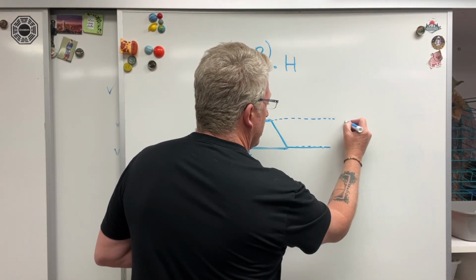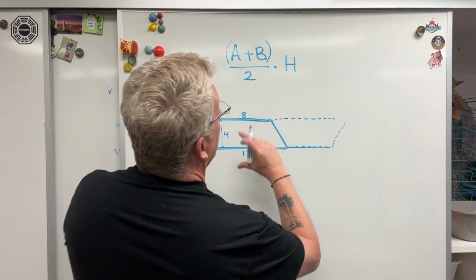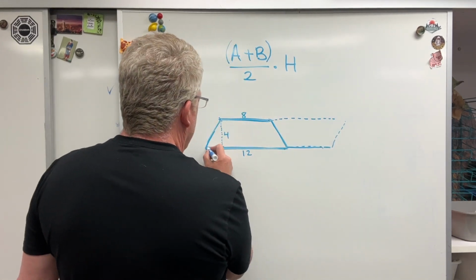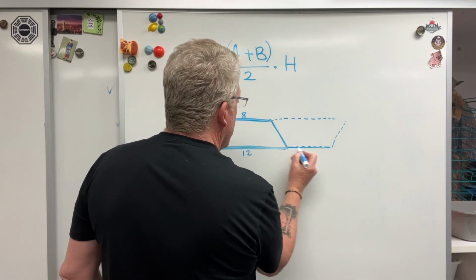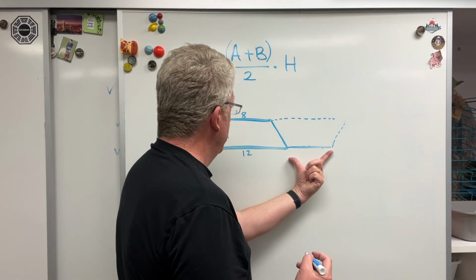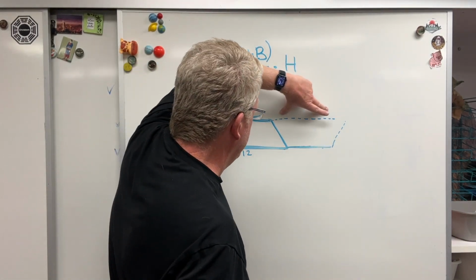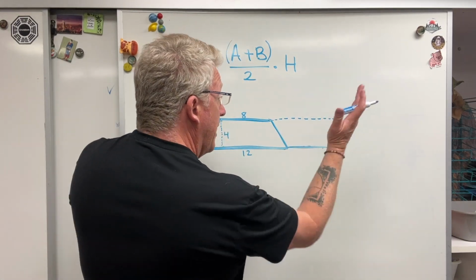If we took this and copied it and flipped it over, here's B, here's A. This length here is the same as this length here, right? This length here is the same as this length up on top, right? So now we have a nice parallelogram.